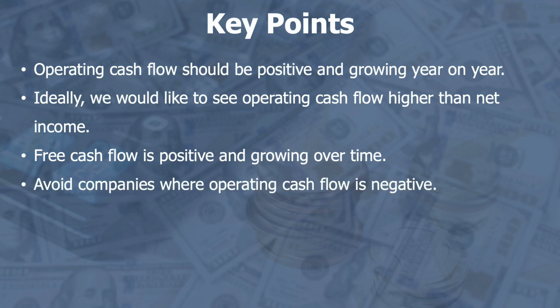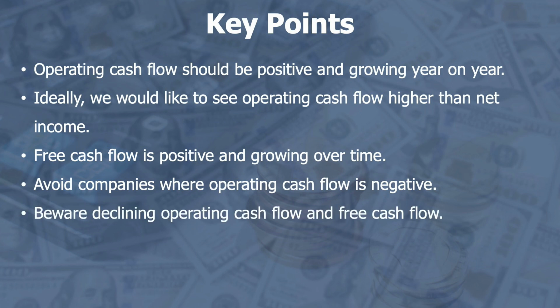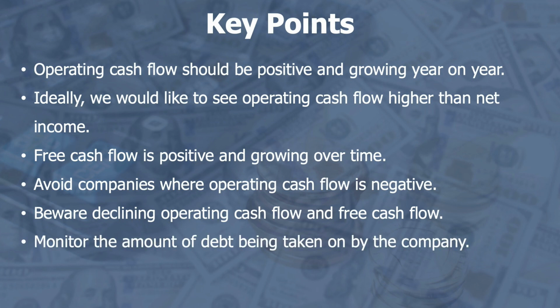We also want to avoid companies where the operating cash flow is negative, because that means we have no money coming in from the general operations of the business. So if that's a long-term trend, the only way we can keep the operations running is by taking on more debt. So we need to be aware as well of declining operating and free cash flow, and we need to carefully monitor the amount of debt being taken on by a company.